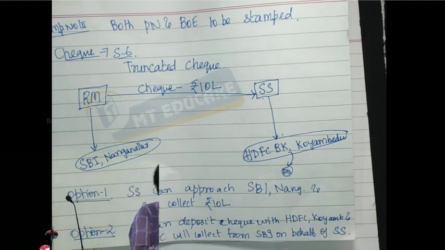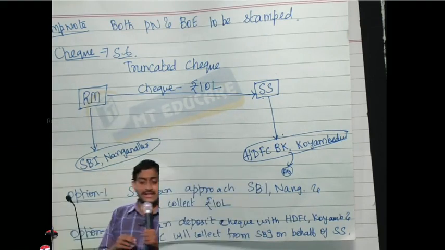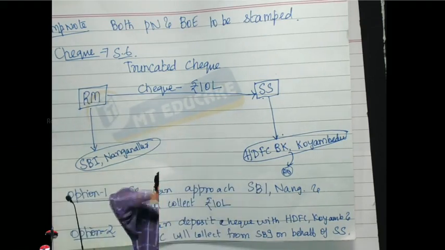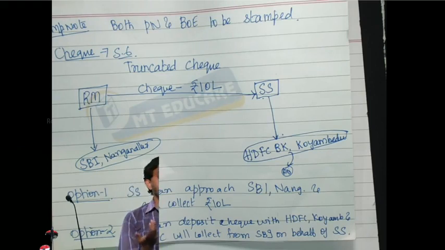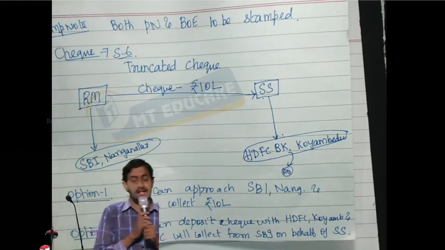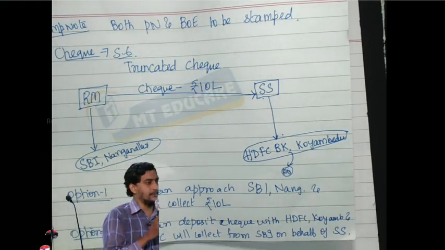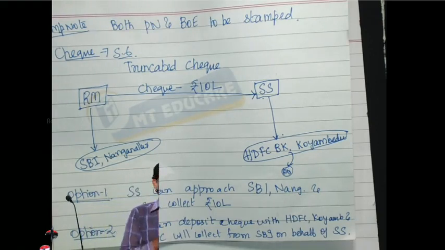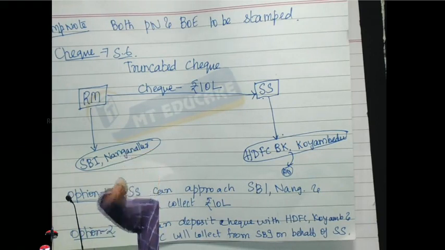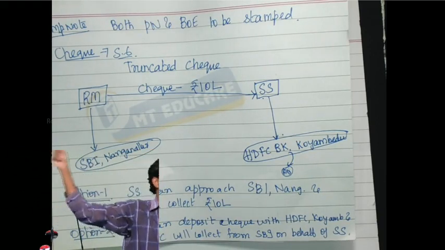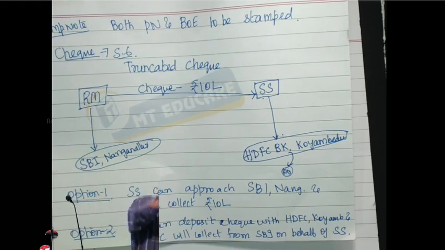HDFC Bank can again send it to its agent for collection. Possible or not possible? Special crossing is generally possible only in favor of one banker. But where you are giving it to a banker and the banker is again crossing it in favor of some other banker, now two times special crossing in favor of two bankers is possible.